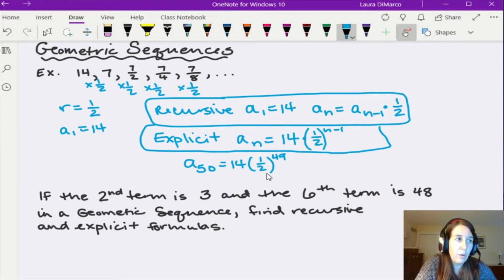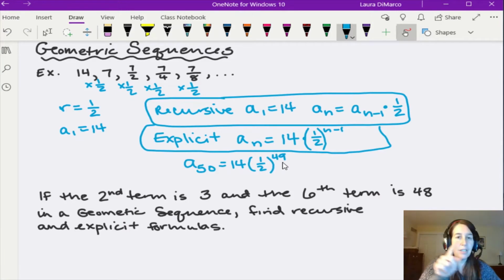Once again, 1/2 to the 49th power is repeatedly multiplying by 1/2, which will become smaller and smaller, right? Closer and closer to 0. So let's see if I did that. Yes, I did. So I multiplied it out and I got 2.486 times 10 to the negative 14th.